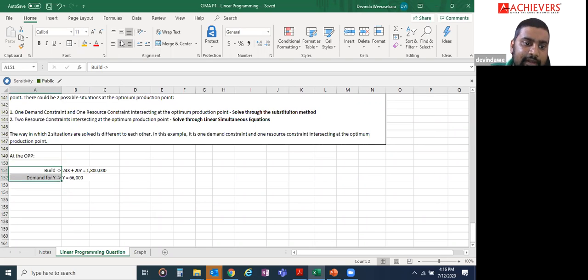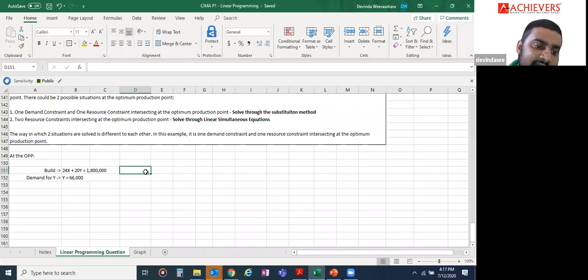Clear? Now, how do we solve it, guys? Very easy to solve, no? Whenever the first situation happens, where one demand constraint and one resource constraint intersect at the optimum production point, you will always know either the value of X or the value of Y. In this situation, which do you already know?